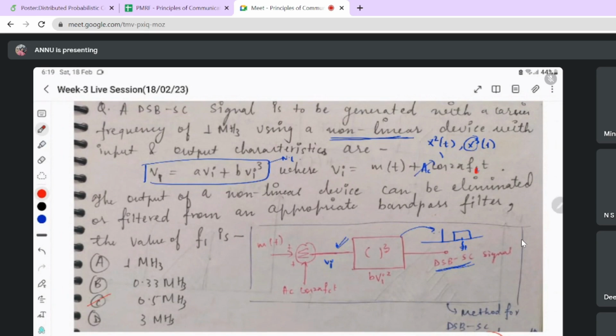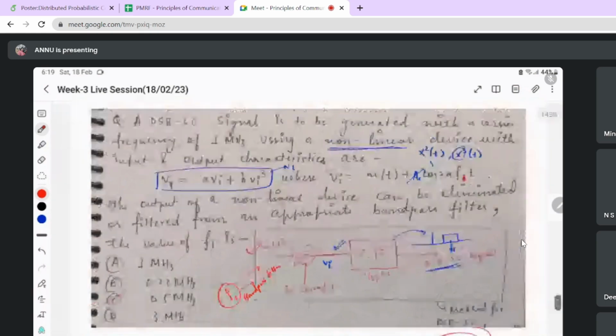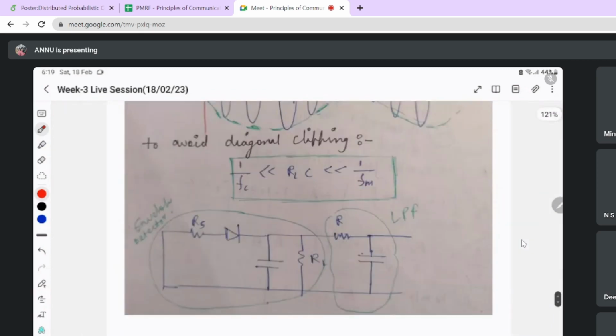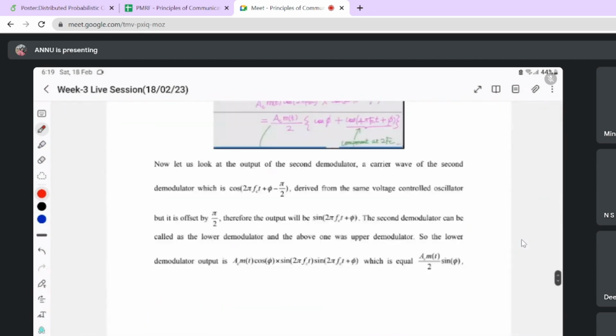You have to follow this and get the values of how f1 should be for a band pass filter, so that you will have the DSBSC signal. First we'll see the methods, and then the questions related to this.